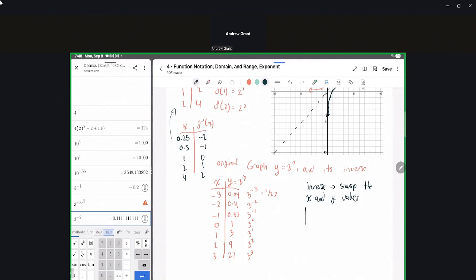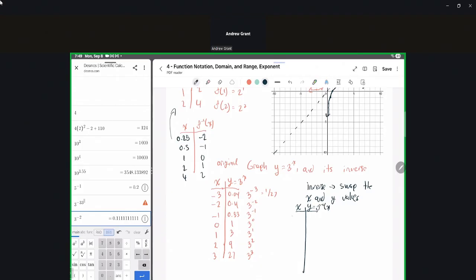Okay? So our x and y, or if you prefer, you could say y is our inverse, like that's fine as well.